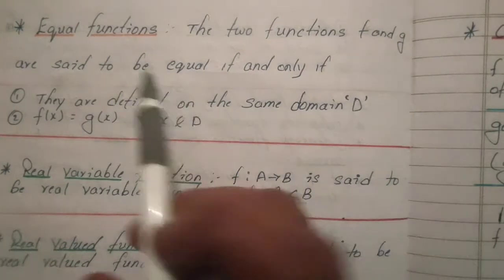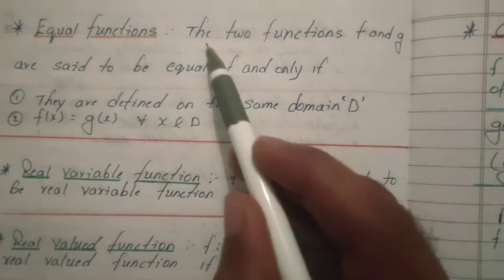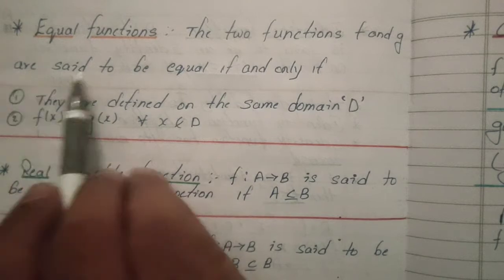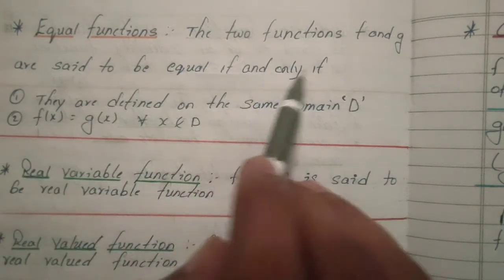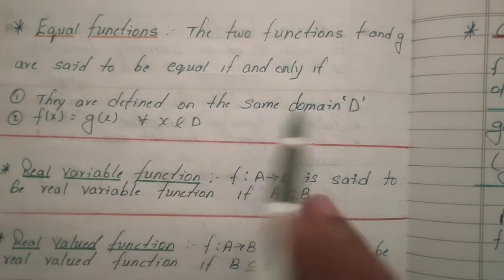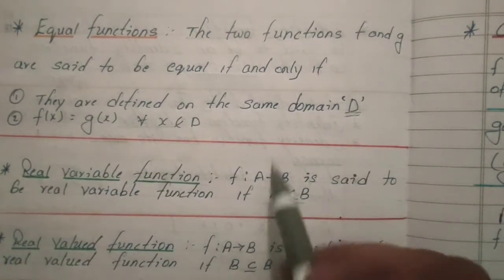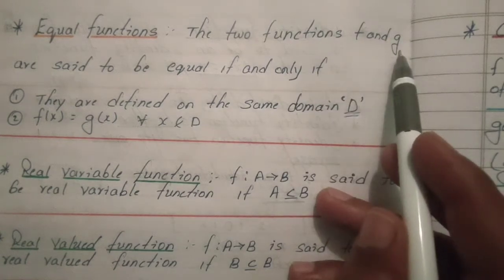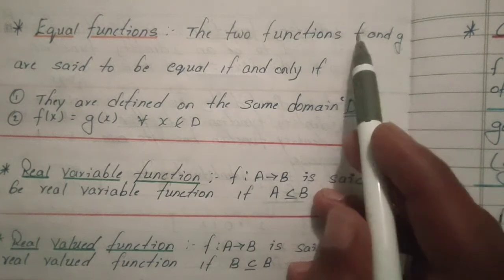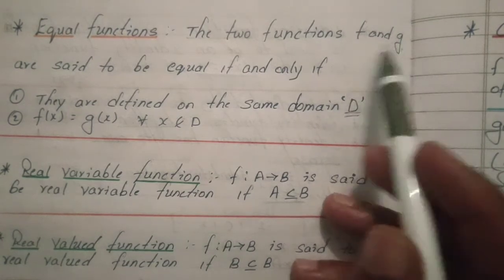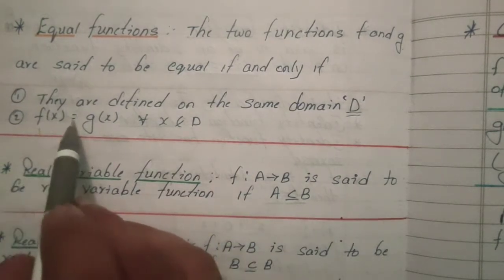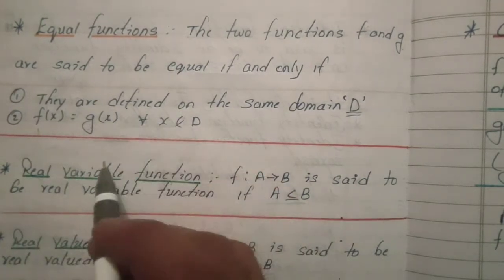Next, what is an equal function? Two functions f and g are said to be equal if and only if they are defined on the same domain. So f function and g function are said to be equal when both functions' domains are the same and f of x must be equal to g of x.